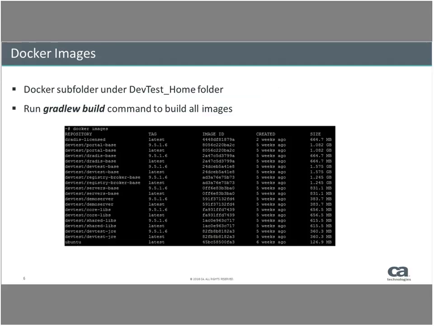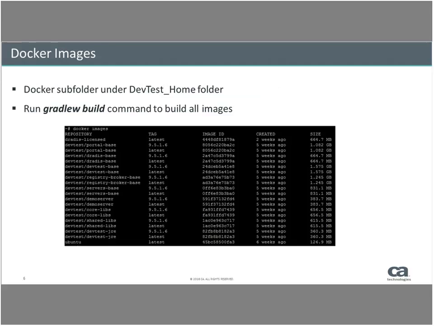The basic prerequisite there is on a Linux box that has Docker support, you'll basically go ahead and install DevTest. Once you install it, so the regular installation on Linux, you go ahead and you'll see there's a new folder called Docker under DevTest Home. That Docker folder has all the different files that are required for Docker support.